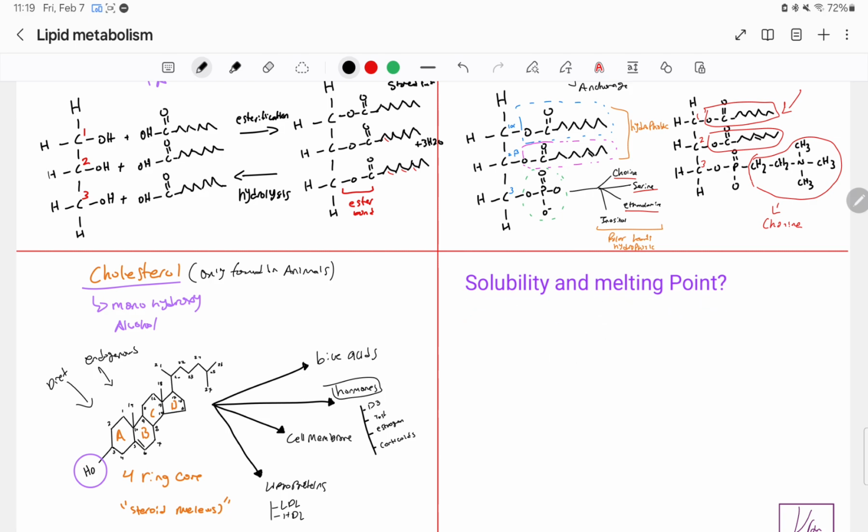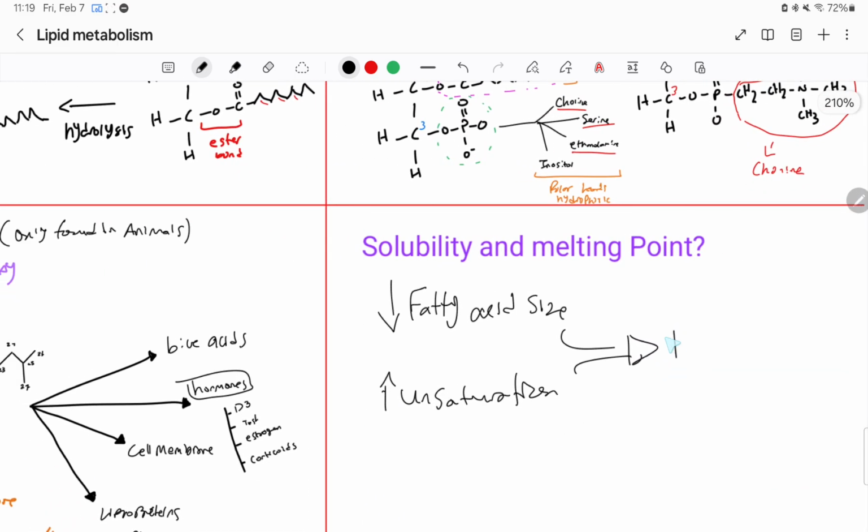So the lower the fatty acid size, and the higher the unsaturation, meaning more double bonds, the higher its solubility.